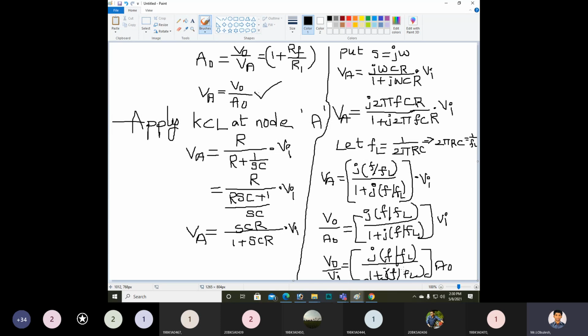So this is the voltage gain expression for the first order high pass filter.